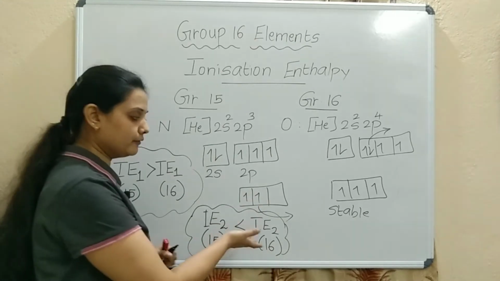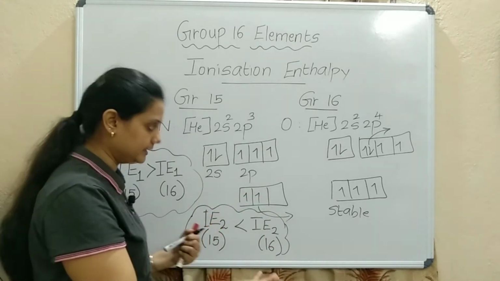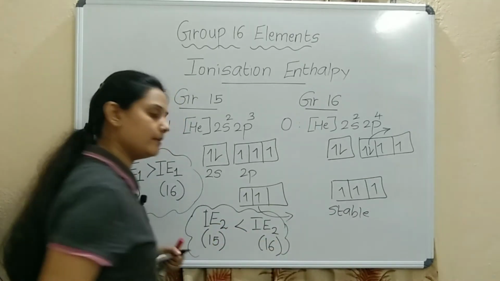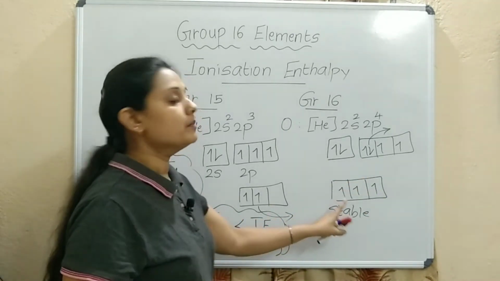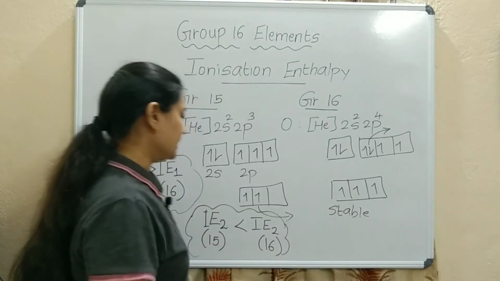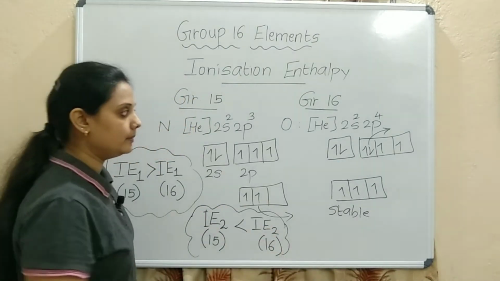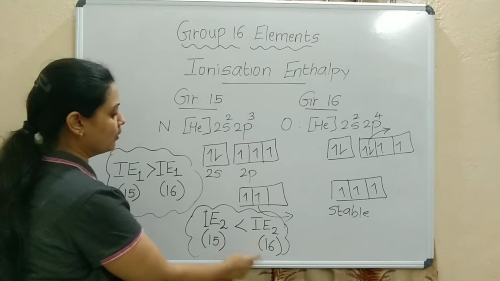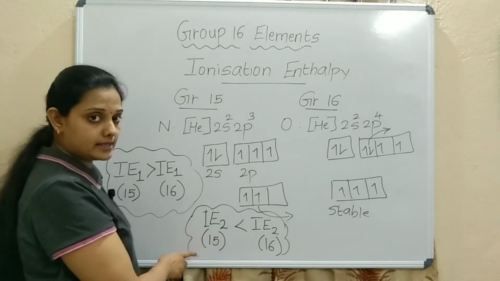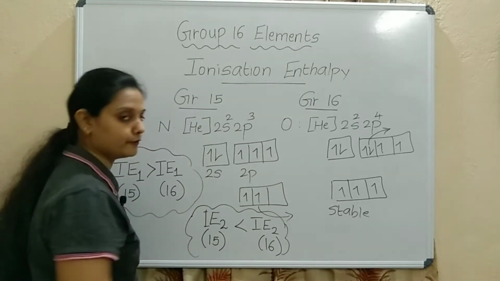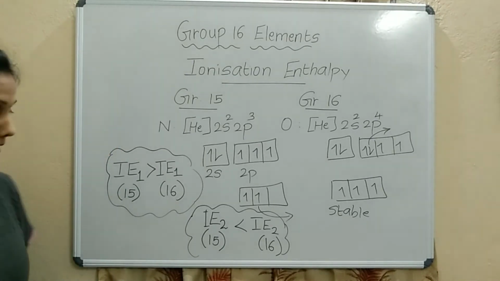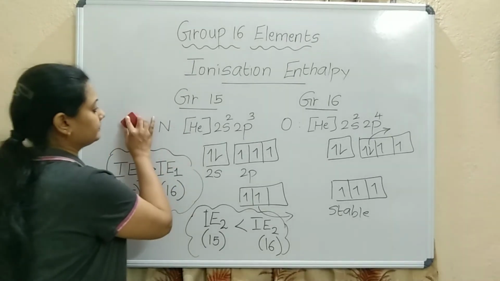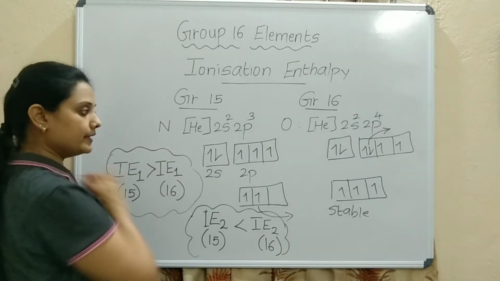It is neither fully filled nor half filled. But here it is a stable configuration. So in the second electron removal, more energy is required. So second ionization enthalpy for group 16 will be more than the second ionization enthalpy of group number 15. Just make a note of this with the electronic configurations.